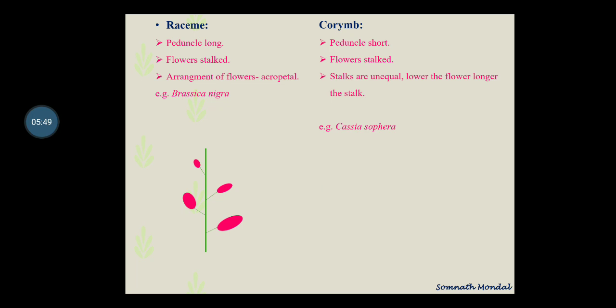What is the striking feature of corymb is stalks are unequal. Lower the flower, longer will be the stalk. So this is the figure where we can see that lower the flower, the stalk is much longer, and as the flower approaches towards the apex, the stalk is much shorter. So that is why all the flowers are coming to a same plane. Example is Cassia sophera.